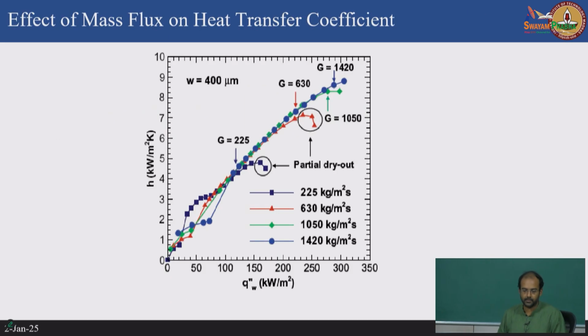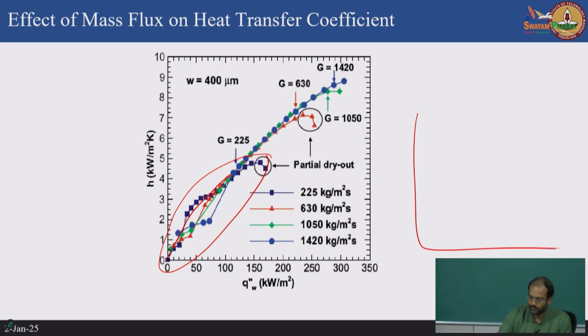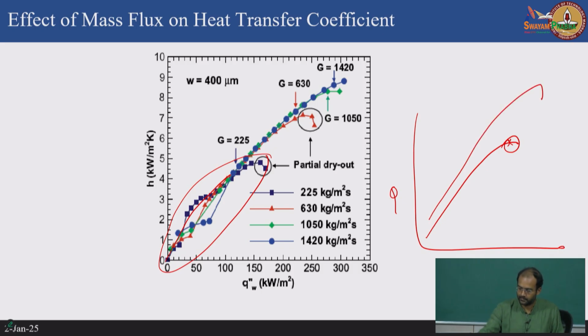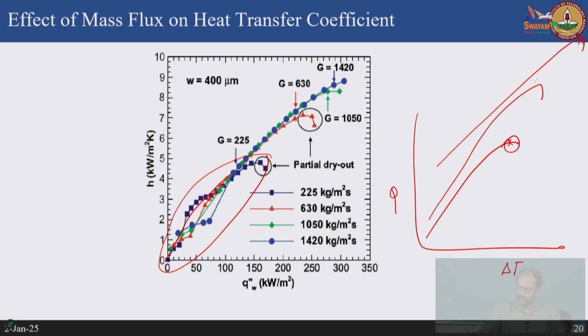So, what happens to the pool boiling curve? You have the conventional pool boiling curve. Let us say you have something like this, heat flux versus wall superheat. This may go like this, it may reach the critical heat flux. Now, if I start increasing the mass flux in flow boiling, these curves will be shifted such that my critical heat flux will be shifted towards the top.